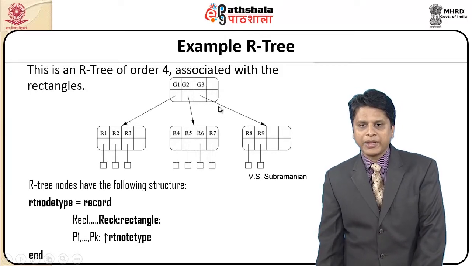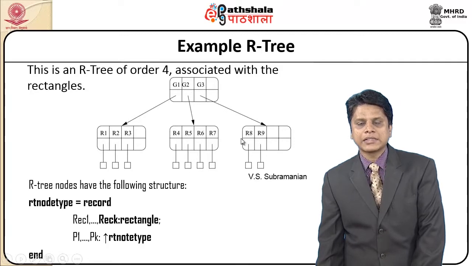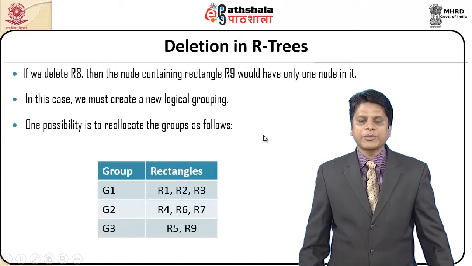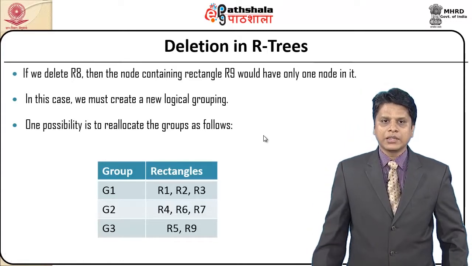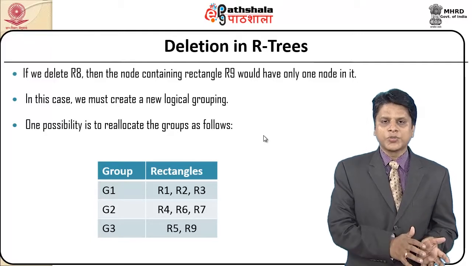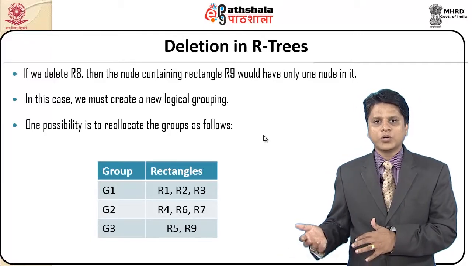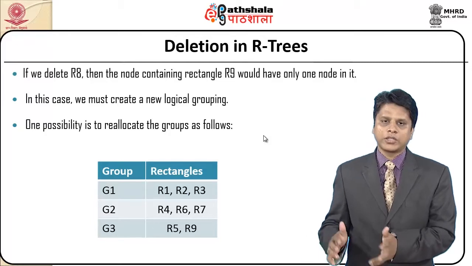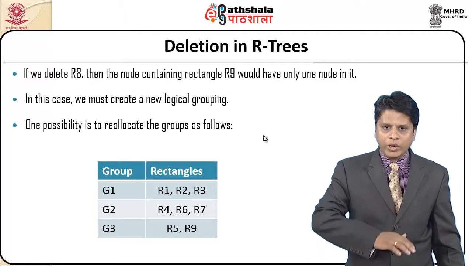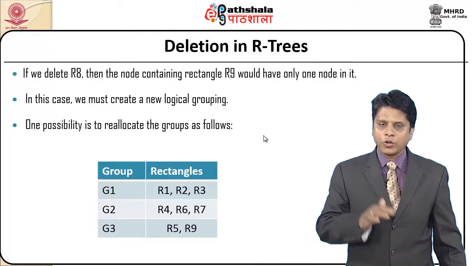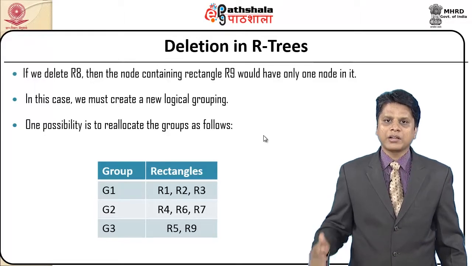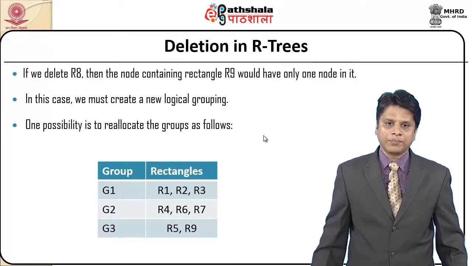In this place, it is underfull. So in this case, we must transfer some of the nodes associated with the other groups to the group that we are considering. One possibility is to relocate some of the rectangles to the existing group, so as not to make it underfull.